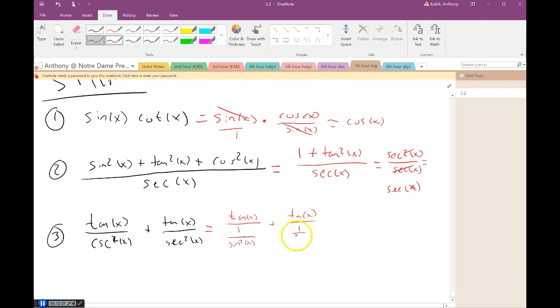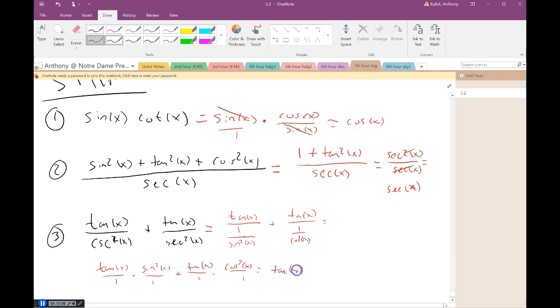And that seemed like a good idea to me because when I simplified these complex fractions, I got tan x over 1 times sine squared over 1, and then tan x over 1 times cosine squared over 1. And I now have no denominator in my fraction. So I have just an expression. Everybody okay with that?